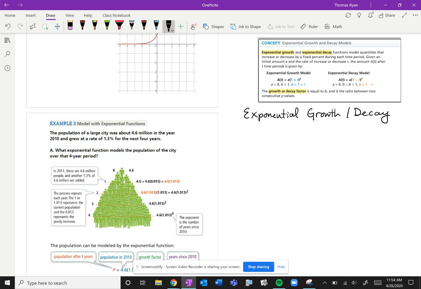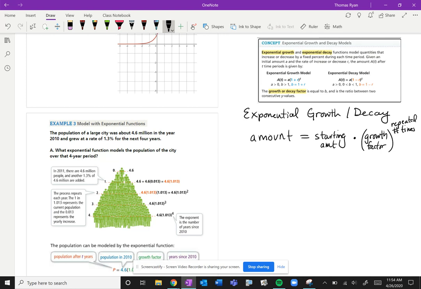Now, our exponential model, here is it in general. The amount you have is equal to the starting amount that you have times your growth factor that gets repeated some number of times.